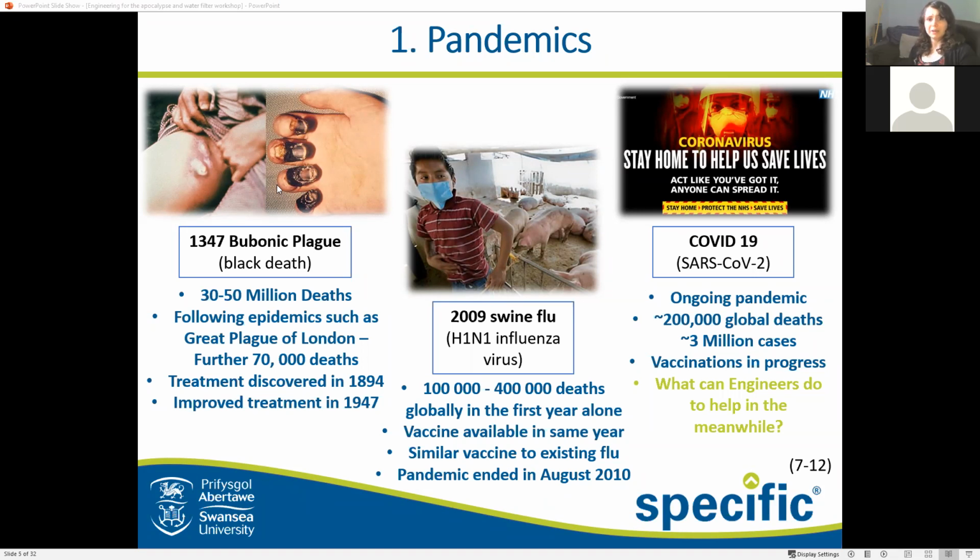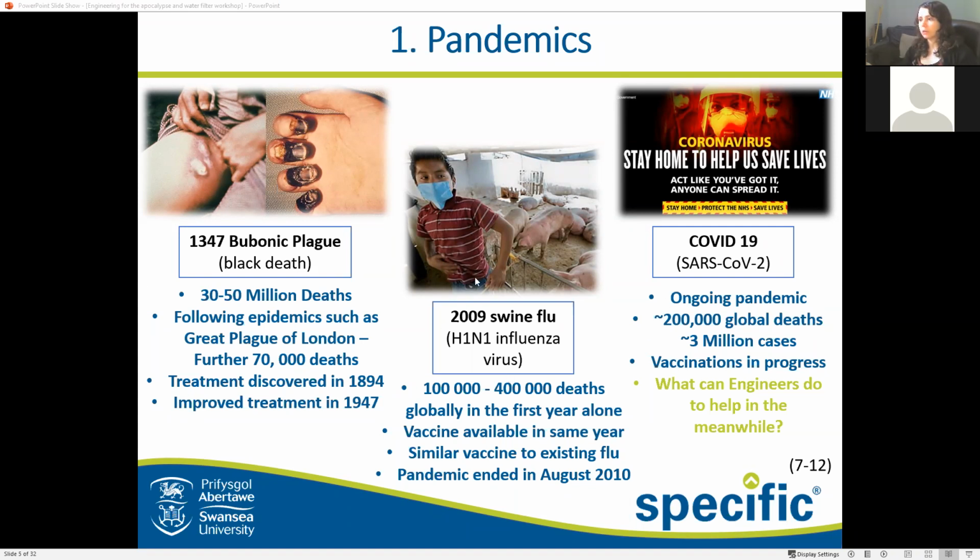This resulted in tens of millions of deaths all over the world in around only 5 years, which then lingered throughout centuries, resulting in epidemics such as the Great Plague of London in 1665, with treatment only becoming developed in 1894 and the final treatment only being produced in 1947, so not all that long ago. This was a truly horrific pandemic, which hopefully what we're seeing right now will not go anywhere near. But with modern medicine and our technological advances, this could have been substantially less horrific.